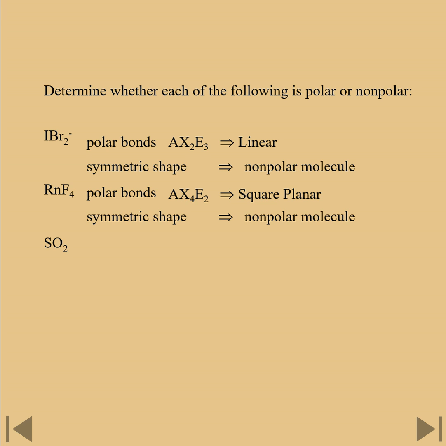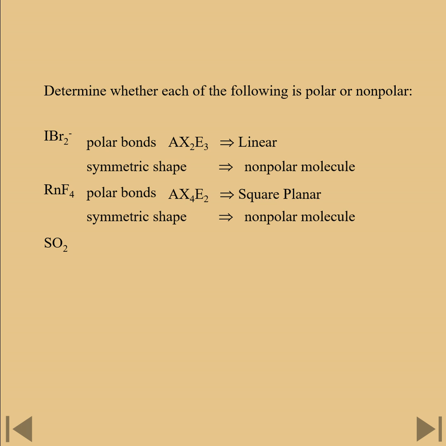With the exception of this AX2E3 and the AX4E2 geometry, every other instance when you have non-bonding electrons, it's going to be asymmetric. So an AX2E2 is asymmetric.